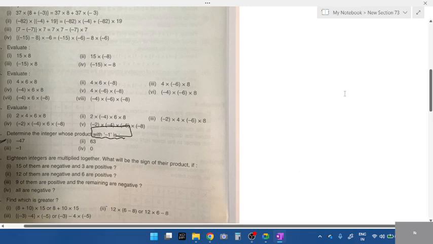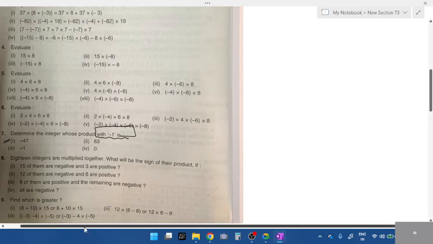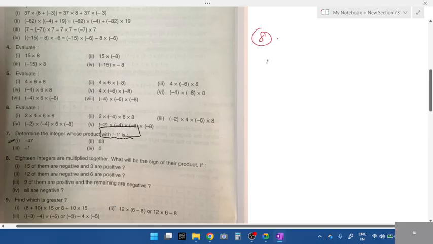Now look at the first question. What's the first question asked? Eighth main, first one. 15 of them are negative. 15 is even or odd? Odd. For odd, what do you get, negative or positive? See what is given here, Alicia. 15 of them are negative.